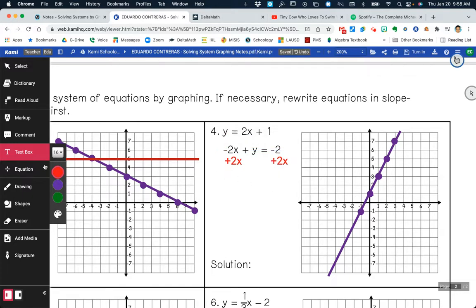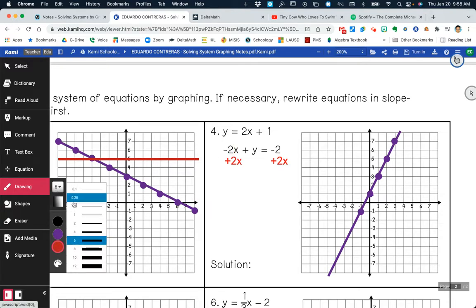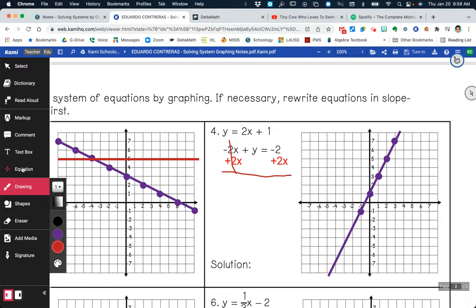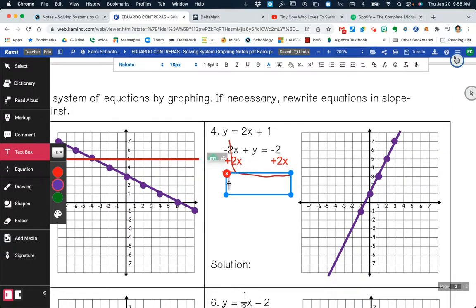Whoa, forgot to switch this. So let's see what we get as a new equation. We get y equals 2x minus 2.